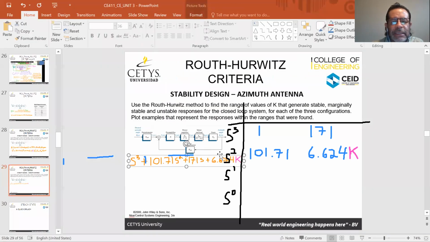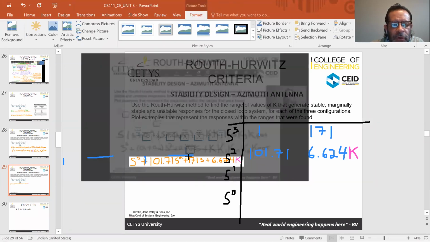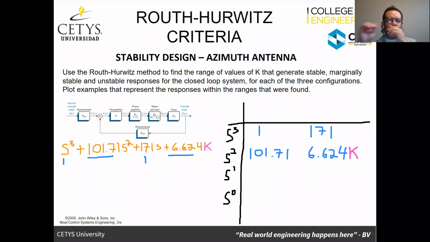So just be careful with that when you're doing the calculations, particularly when we're working with the root locus and a few of the other ones. But for now, let's leave the 6.624.